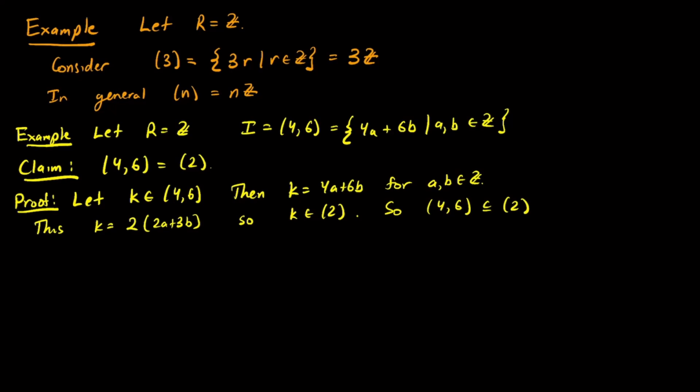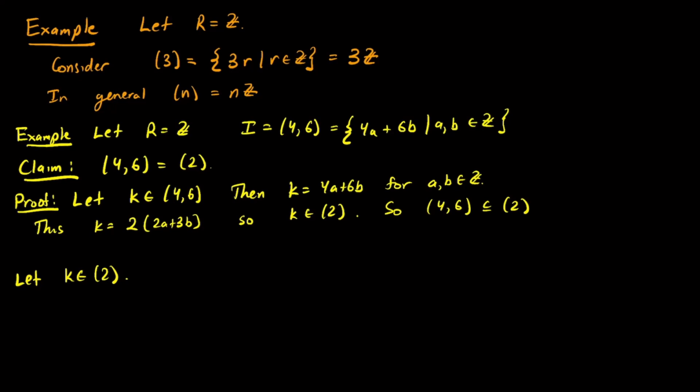Now we need to go in the other direction. Let k be an element of the ideal generated by 2. Here we have to be a little bit more clever, right? Usually when we prove a subset inclusion like this, one direction is easy and one direction is a little bit trickier, and this is the same for if and only if proofs. So how do I do this?